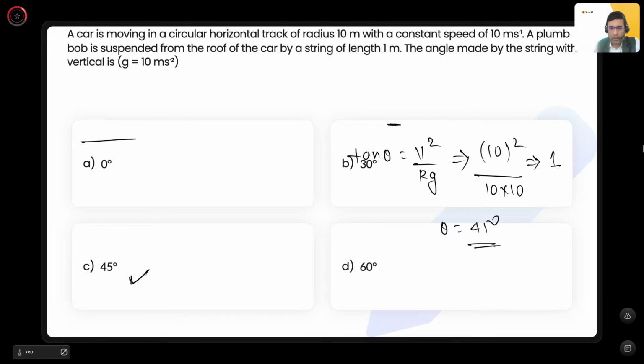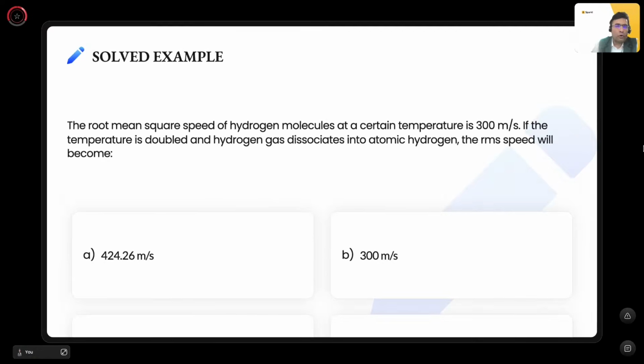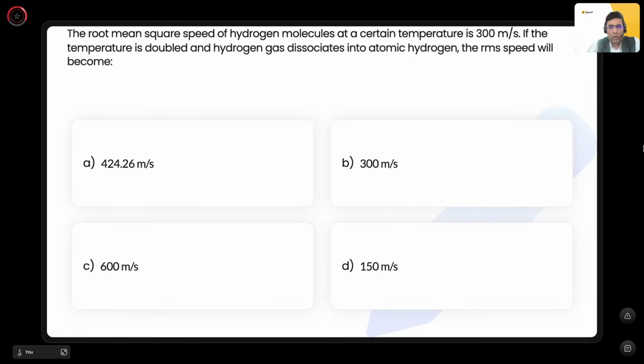All right, next question. The root mean square speed of hydrogen molecules at a certain temperature is 300 meter per second. If temperature is doubled and hydrogen gas dissociates into atomic hydrogen, then the RMS speed. So again, a simple question, root of 3RT upon M. Now, temperature is doubled, so it is made 2 times.